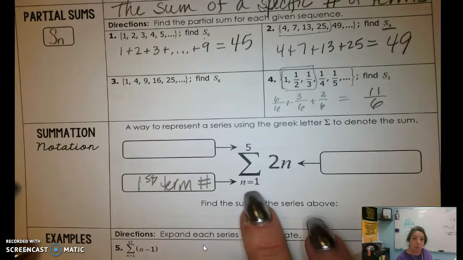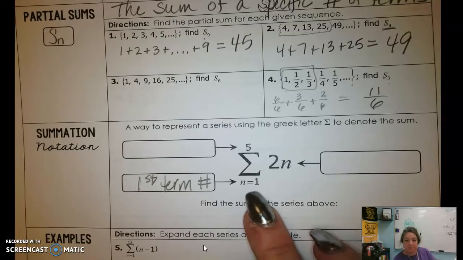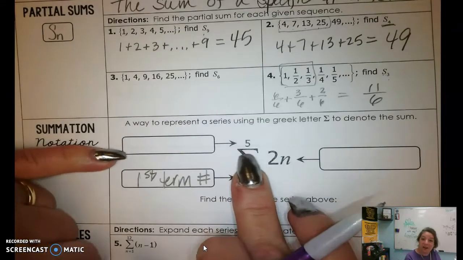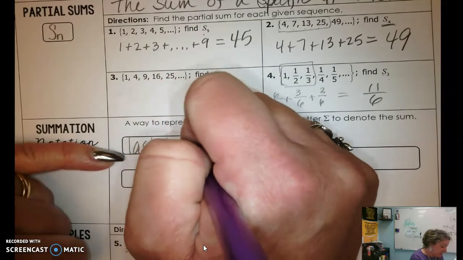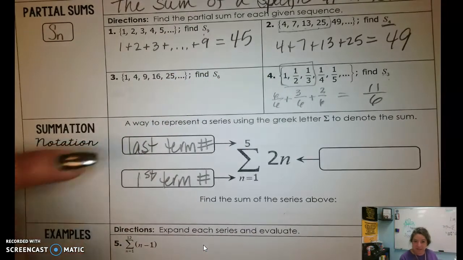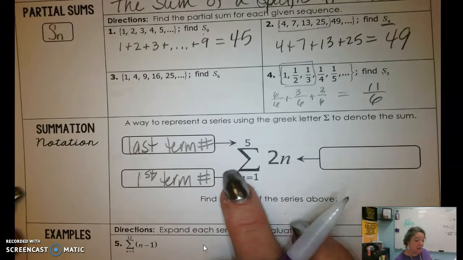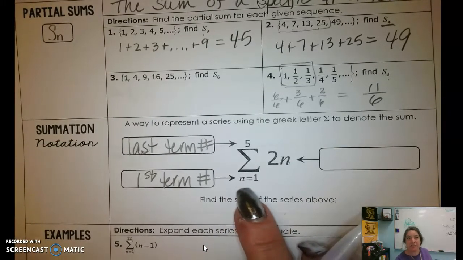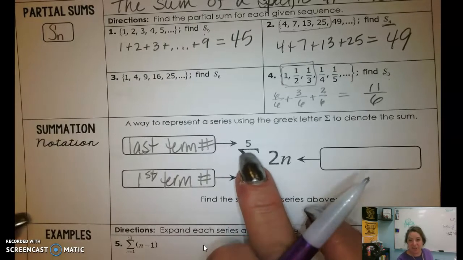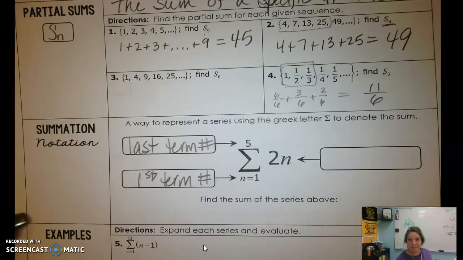So if n equals 1, you're finding the first term, okay? This number up here is the last term number that you're going to find. So we're going to add up the first term, the second term, the third term, the fourth term, and the fifth term. So we start here, we end here.